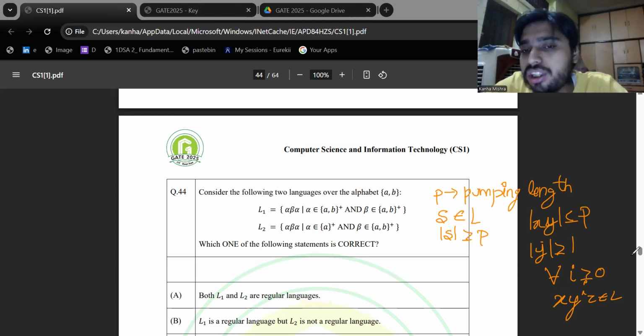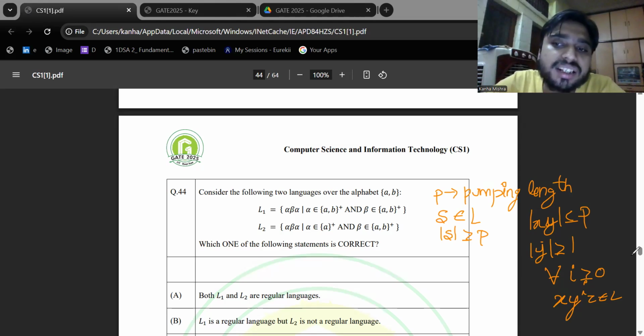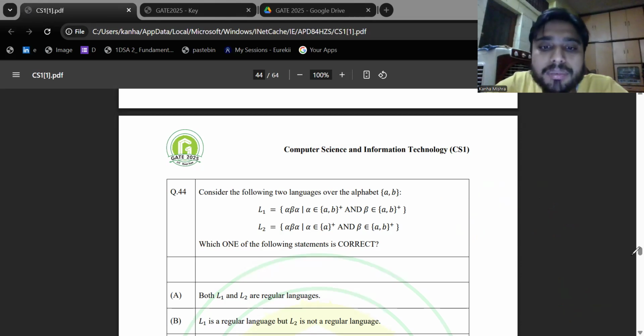So, in short, the language is regular if there exists a length p such that any string s in the language with length greater than or equal to p can be split into xyz satisfying these conditions. Otherwise, if a string cannot be pumped, it is not regular.